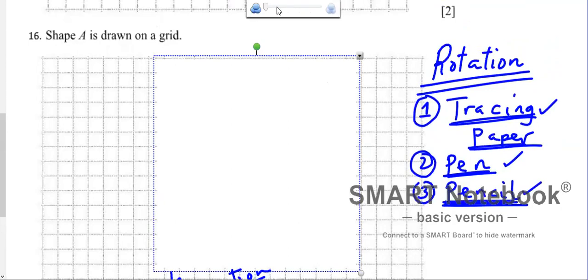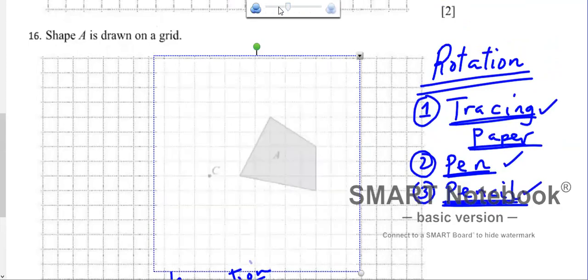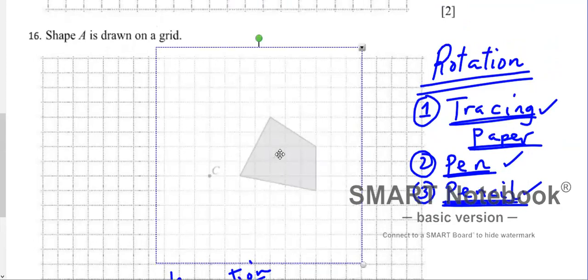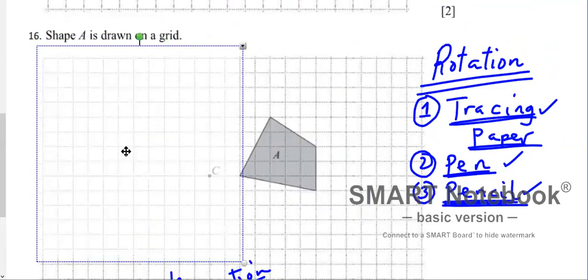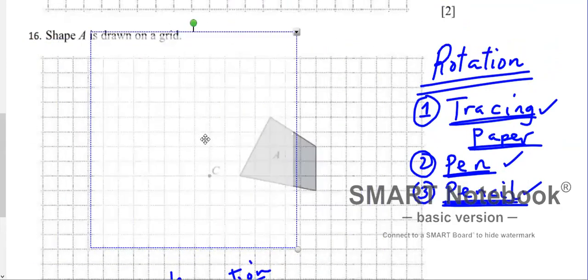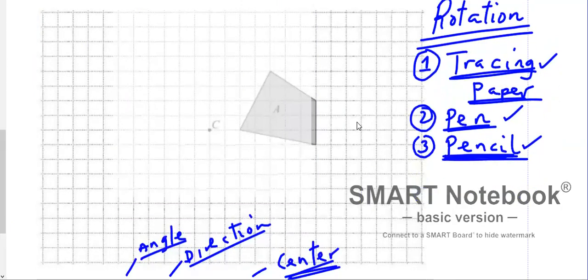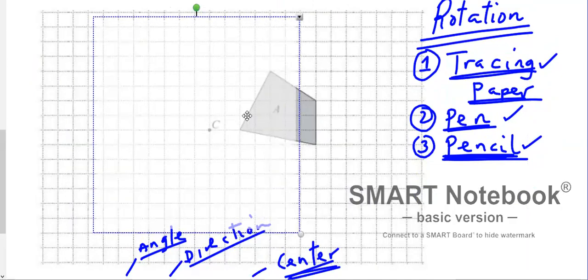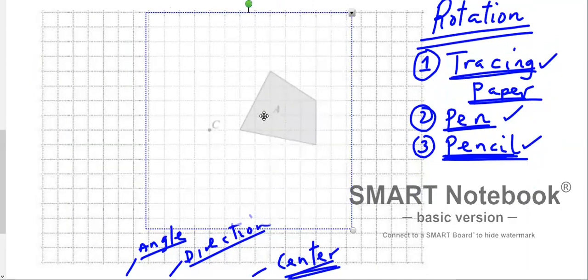All right, so once you get a tracing paper, I hope you can see the tracing paper there. Then what you do next is to put the tracing paper over the diagram and make sure that the tracing paper is also covering the center of rotation.